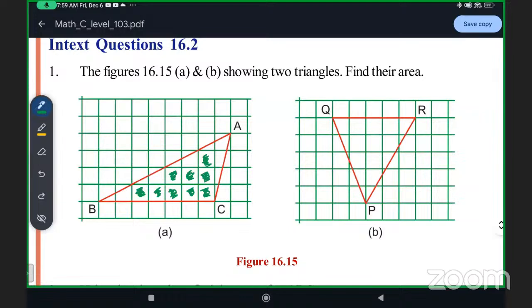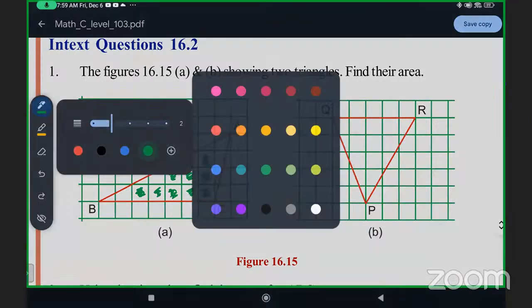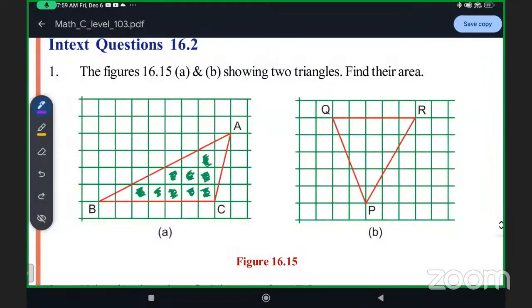Then I said that those squares which are less than half inside the triangle. If I look at this one, this is less than half included. Then this one, less than half. And this one also less than half.